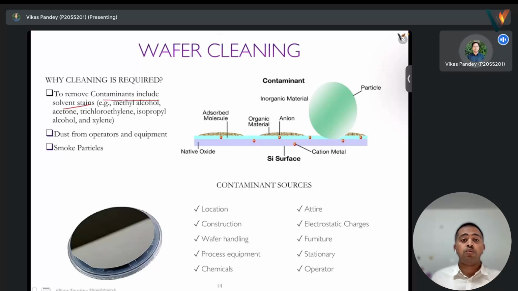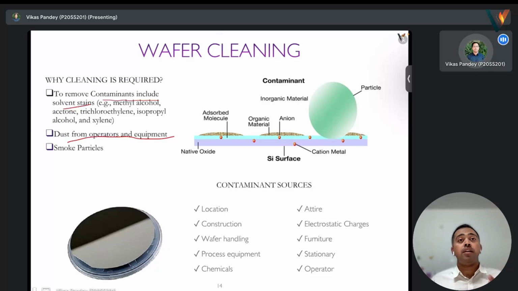This can lead to some contaminants as well as some solvent stains like methyl alcohol, acetone, trichloroethylene, isopropyl alcohol and xylene. These can cause stains over it. As well as when we are buying it and transporting it, there can be dust from the operator and equipment. They might be traveling from a different country altogether and coming to us.